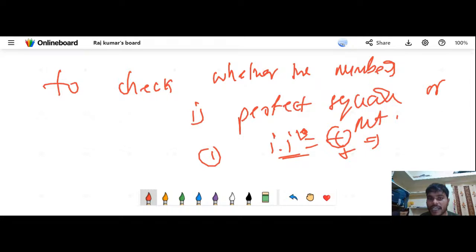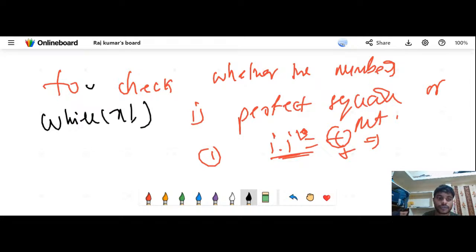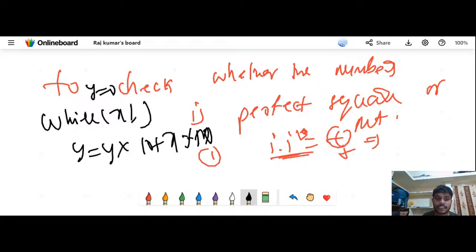We can check the palindrome also. We check the perfect square like this, and to check a palindrome we have to reverse the number. How do we reverse the number? While x is not equal to 0, we store y as the reversed number: y is equal to y into 10 plus x percentage 10, and x is equal to x divided by 10.